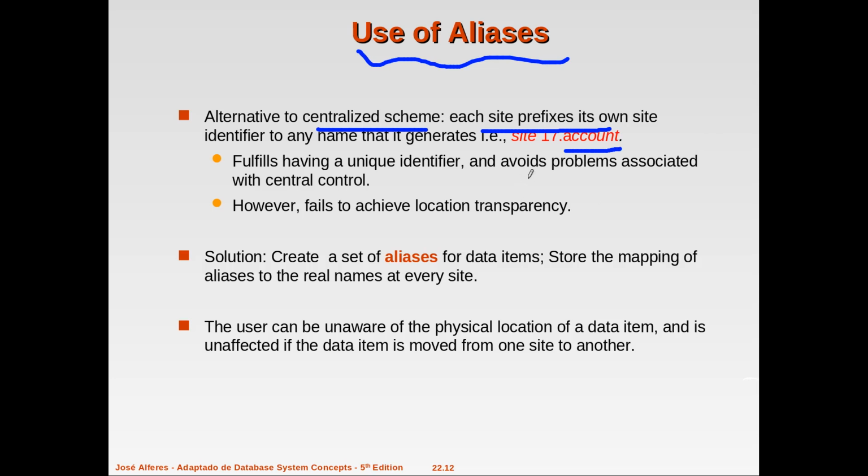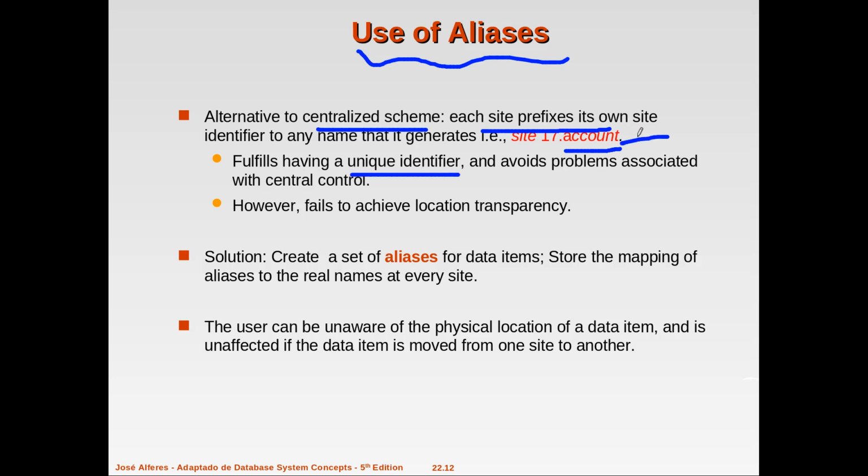What is that? Site18.account. If the same account is present in some other site, like site20.account, then for every site the data item will be prefixed with the name or the number of the site. So it fulfills having a unique identifier.